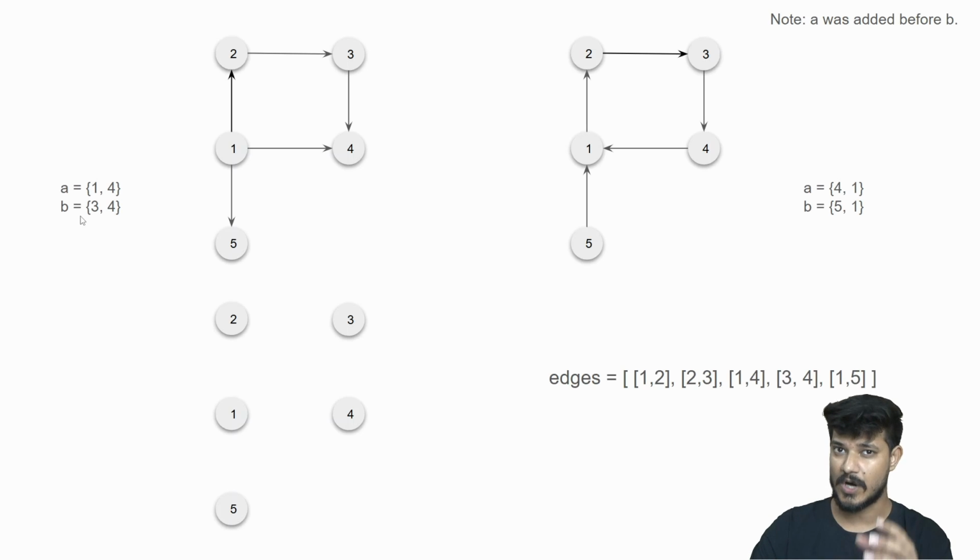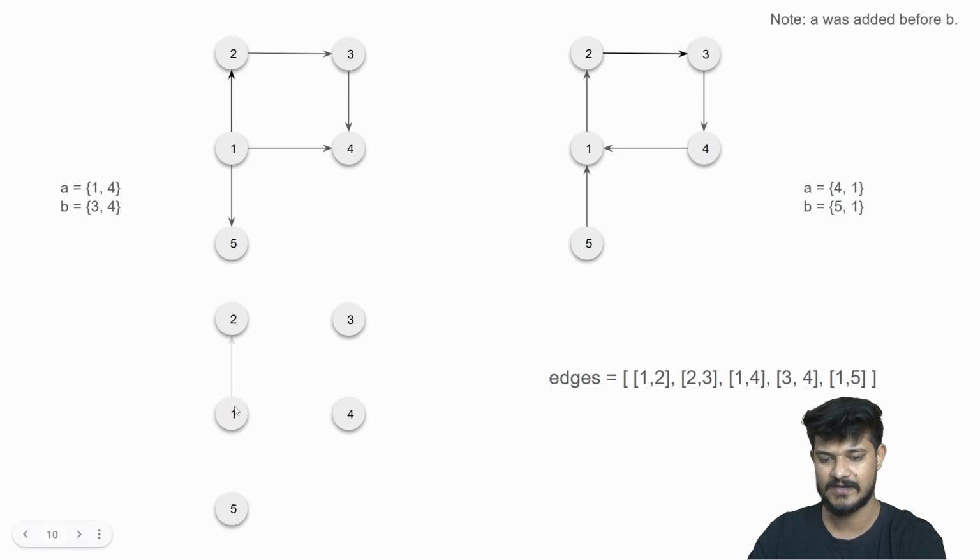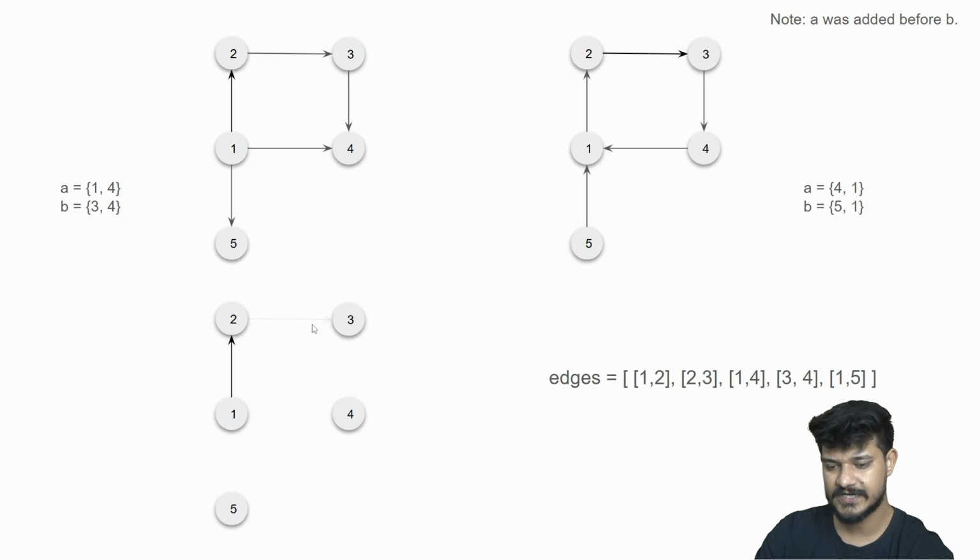One by one. So how this goes is this. Let's say in the first example, I'm going through the edge list. I'm processing 1 2. Are 1 and 2 connected? No, so I'll make a union. 2 3, not connected, union. 1 4, not connected, union.